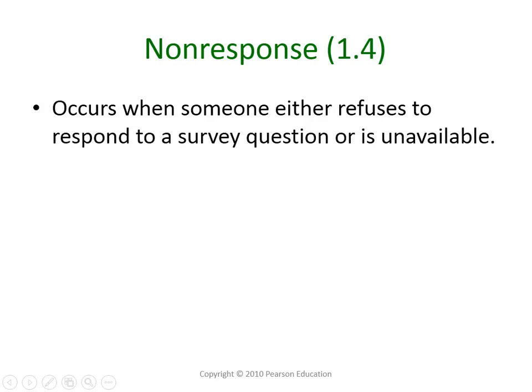Well, now that so many people use their cell phones, which aren't available for random calling, compared to people having home phones, which aren't nearly as many, trying to get a good, simple random sample by using just random phone calls doesn't get that diverse group that you want, because your age group gets left out.